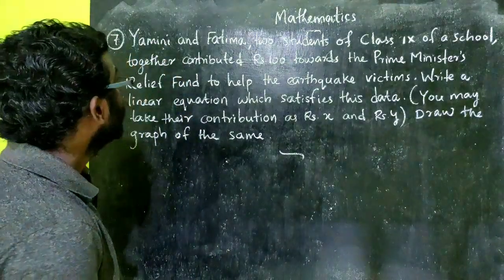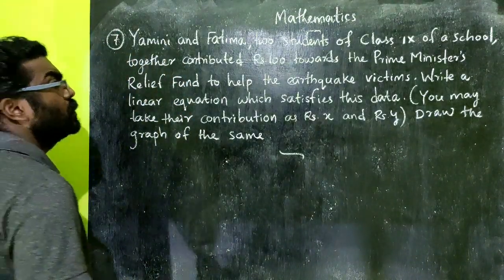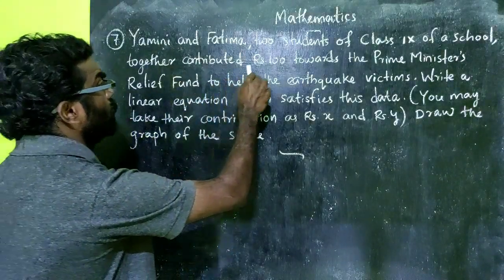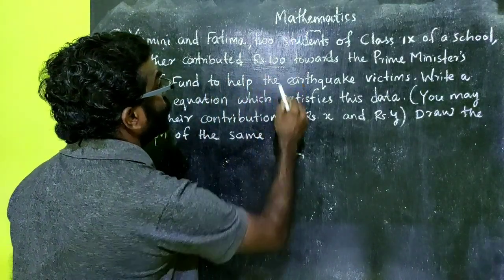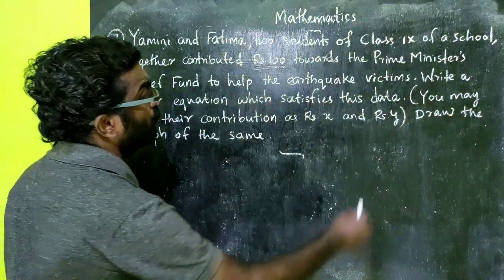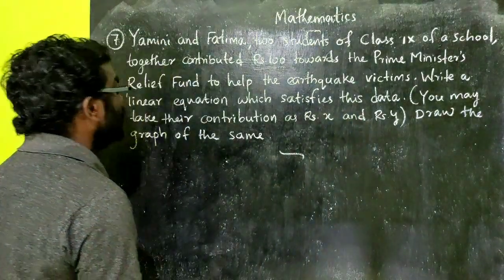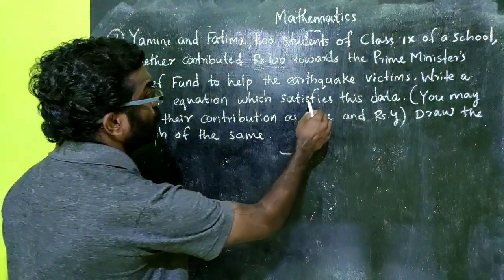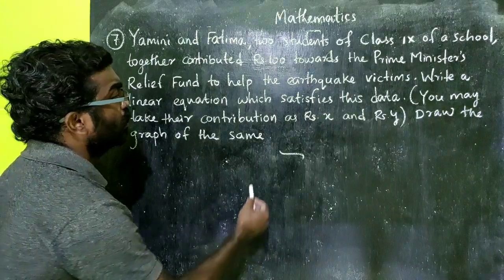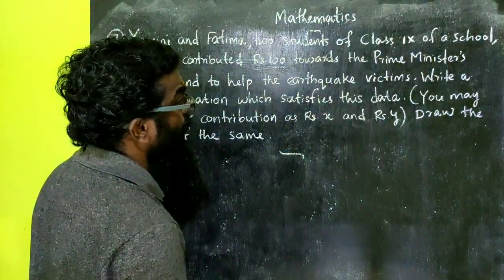Now the next question is, Yamini and Fatima, two students of class 9 of a school, together contributed rupees 100 towards the Prime Minister's Relief Fund to help the earthquake victims. Write a linear equation which satisfies this data. A hint is given: you may take their contributions as x and y.